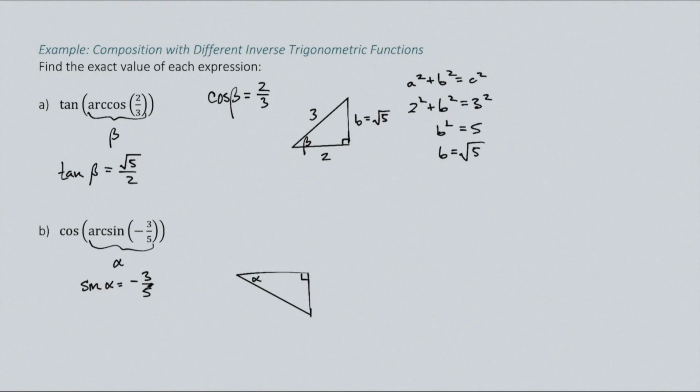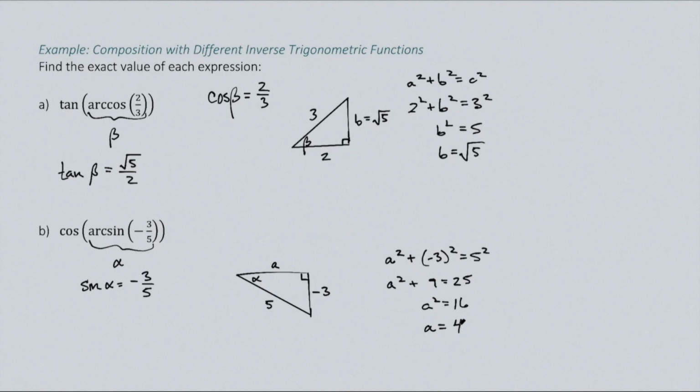Now sine is opposite over hypotenuse. So I could do opposite, -3, over hypotenuse 5. And then I can, of course, find my other side right here. And this side, we'll call that a, so a squared plus negative 3 squared is equal to 5 squared. So we get a squared plus 9 equals 25. So a squared is equal to 16, and a is equal to 4.